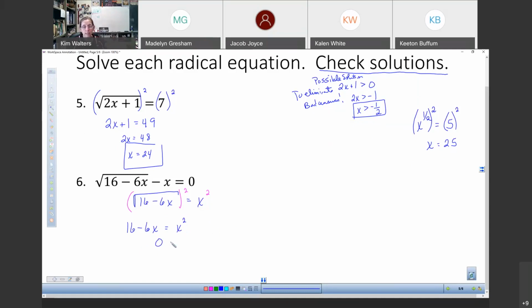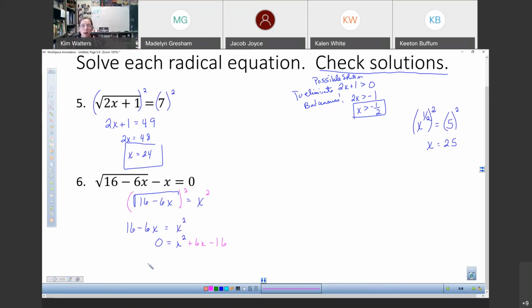So I have 0 is equal to x squared, and then that's going to be a plus 6x because it moved across, and a minus 16. Okay, notice they changed signs when they moved across. It doesn't matter whether the x squared plus 6x minus 16 is on the left side or the right side. I can still factor it to solve it.